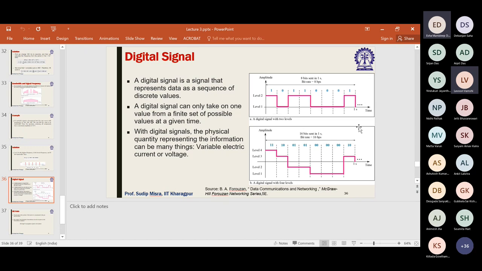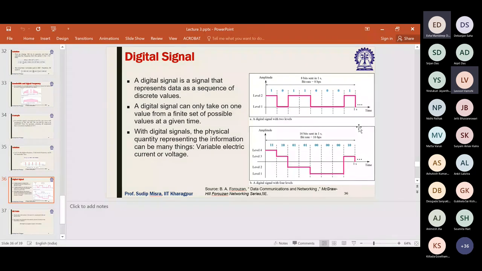How is this approximation going to happen? There are different approaches for that. We are not going to touch upon those approaches too much, but for you, again, section 3.3.4 in Forouzan 5th edition, please have a look. Try to understand how these approximations can be done in a naive way and in a better way.